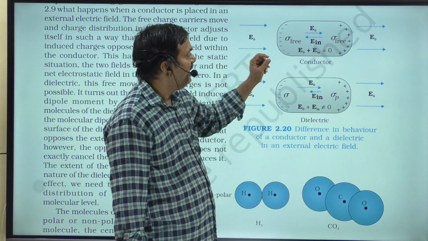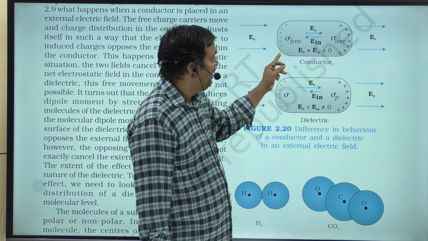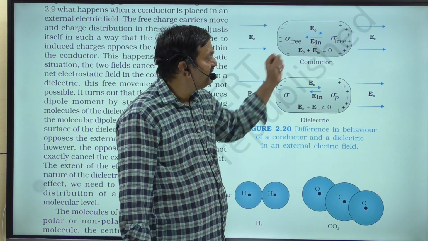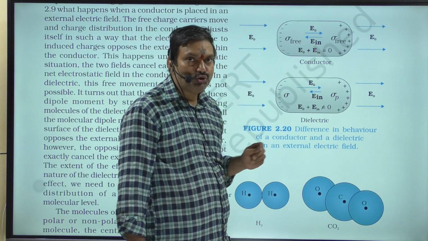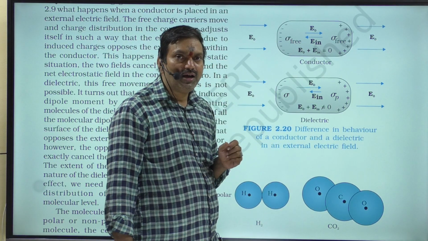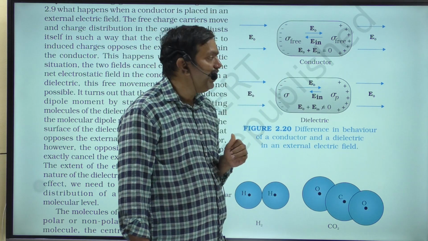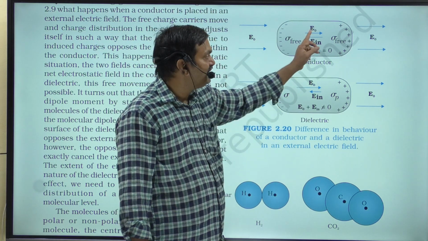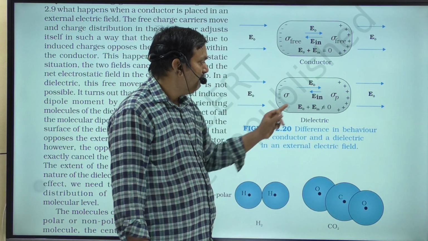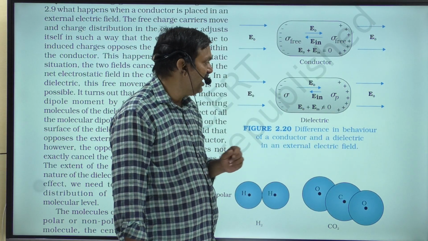Now the only difference that you observe here is that the electric field developed inside the conductor is equal in magnitude to the external electric field. So these two are opposite in direction and equal in magnitude. They cancel each other, resulting in a zero electric field inside the conductor. But for a dielectric, it is not the case.